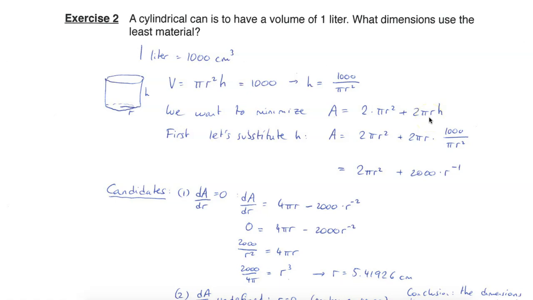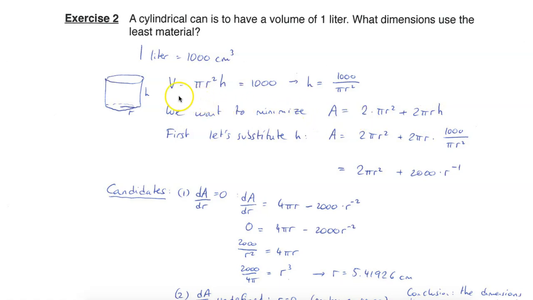Now we have an interesting piece of information here. We know what the volume is, and that's going to help because currently in this expression I have r and h, and I want to avoid that as much as possible. I want to avoid having multiple variables. We want one variable, if at all possible.